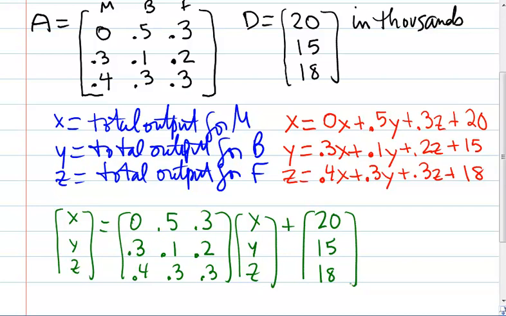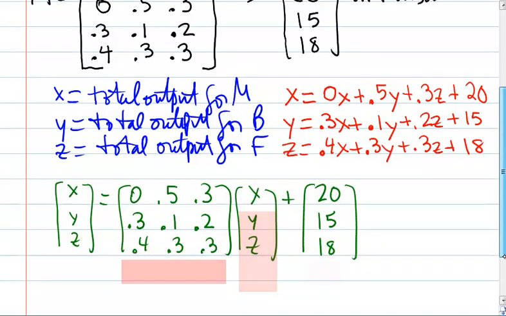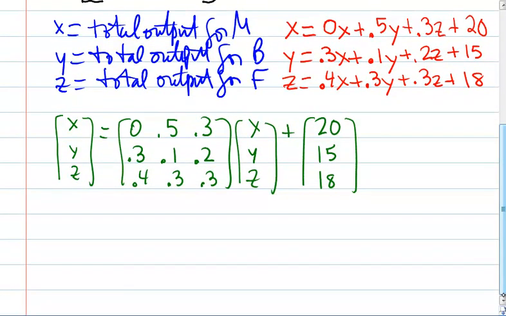So this matrix equation in green says exactly what the system of equations says in red. You can see across the top, x is equal to 0 times x plus 0.5 times y plus 0.3 times z plus 20. Next, 0.3 times x plus 0.1 times y plus 0.2 times z plus 15. And z is equal to 0.4 times x plus 0.3 times y plus 0.3 times z plus 18. So this matrix equation says exactly what the system says.